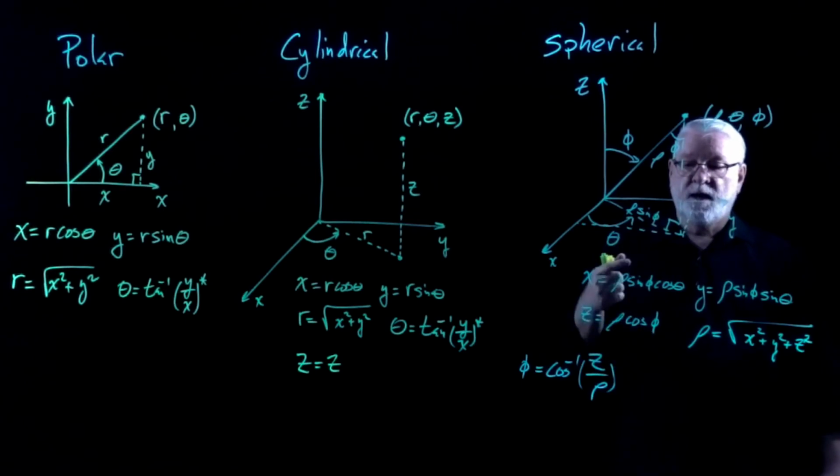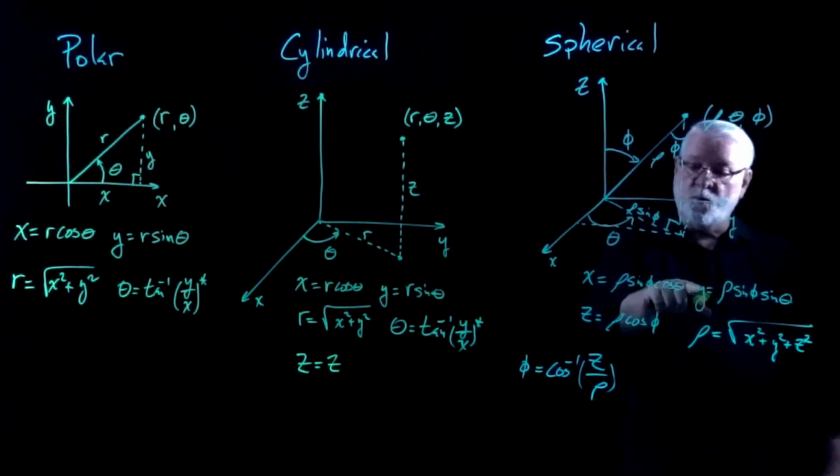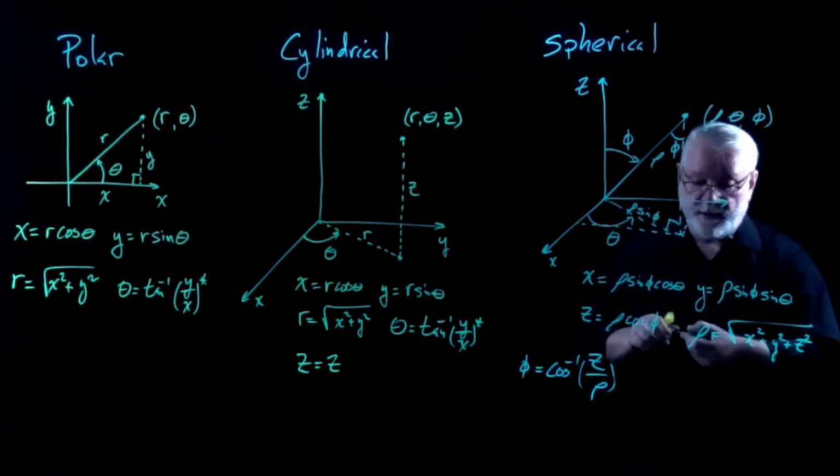coordinates. And then the final one is to solve for theta. The easiest way to do that is to simply take the ratio of these. Notice rho is in both and sine phi is in both. So if I divide the y coordinate by the x coordinate, I once again get the inverse tangent of y over x equals theta.